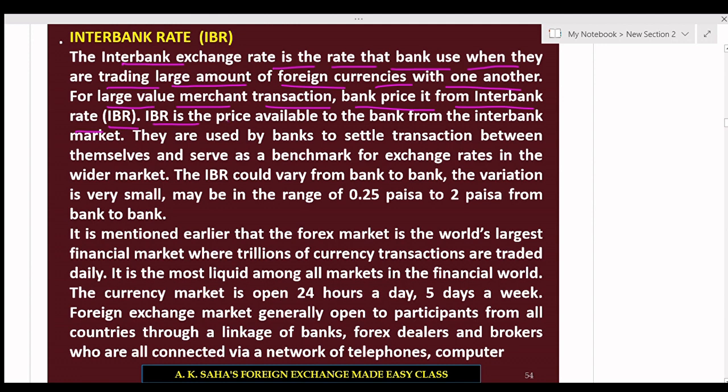IBR is the price available to the bank from the interbank market. They are used by banks to settle transactions between themselves and serve as a benchmark for exchange rates in the wider market.